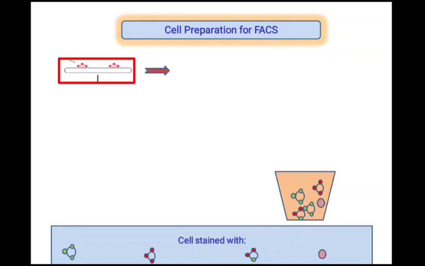So, these cells are tagged or attached with fluorescent antibody, that is the antibody which has a fluorescent tag on its Fc region. Fluorescent dyes like rhodamine and fluorescein are used for this purpose. Fluorescein is a dye which emits yellow-greenish fluorescence.